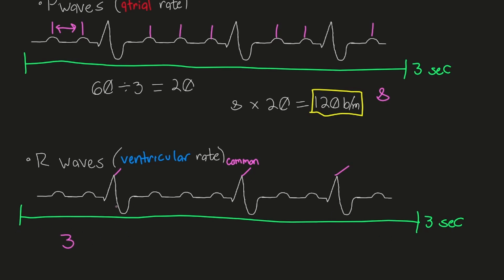Another thing to mention here is that we can see this weird dip where our normal S wave is supposed to be. This is a very good indicator of a 3rd degree block, which I'll go into later. So if we have 3 R waves, just do 3 times 20, 60 per minute, which is actually in our normal range from 60 to 100.